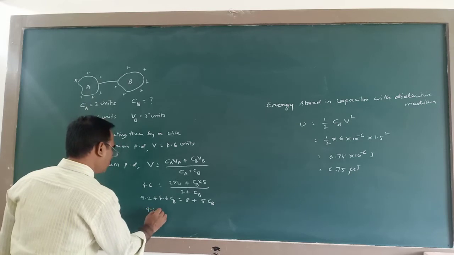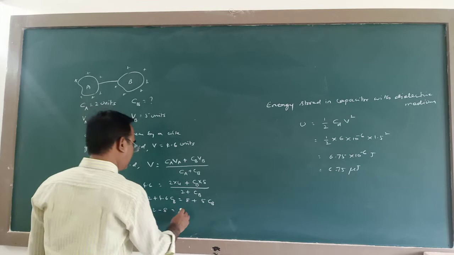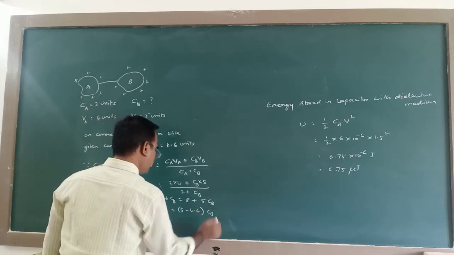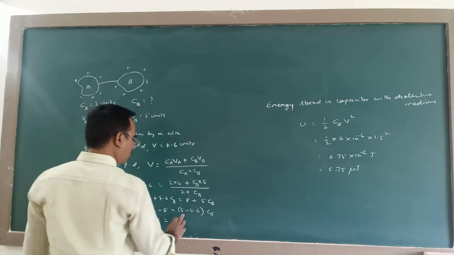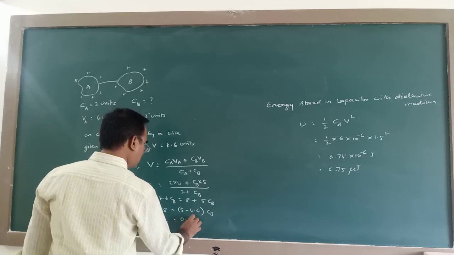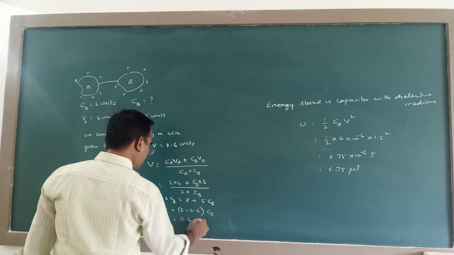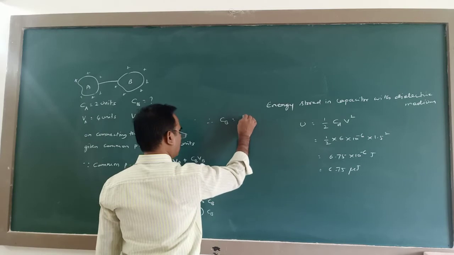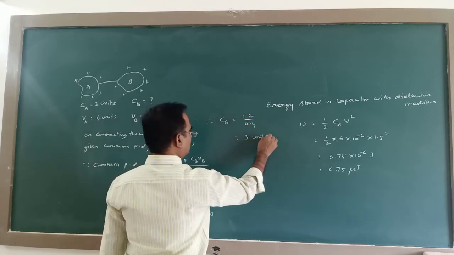So 9.2 minus 8 is equal to 5 minus 4.6 into CB. So if I subtract, this is 1.2 and this is 0.4 CB. Therefore, this CB is equal to 1.2 divided by 0.4, which is equal to 3 units.